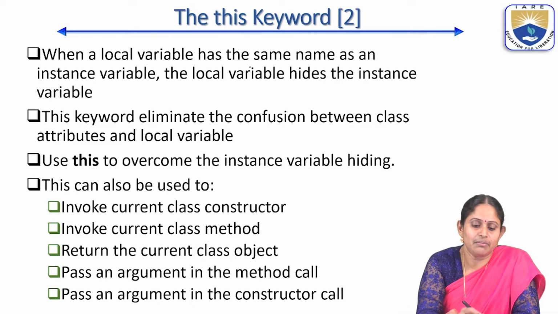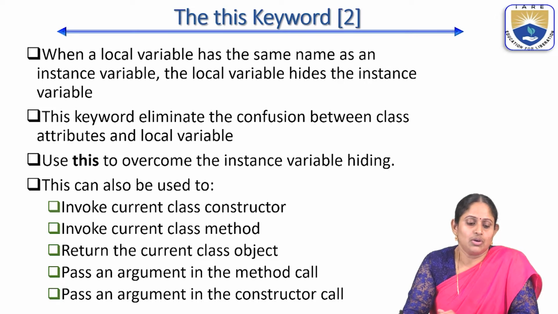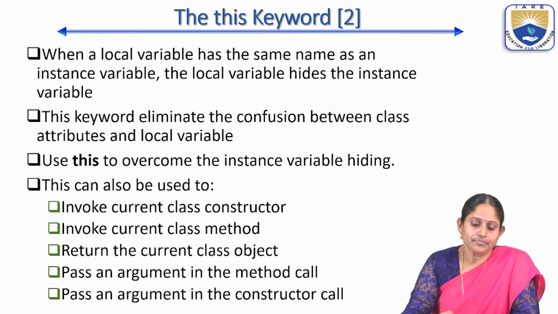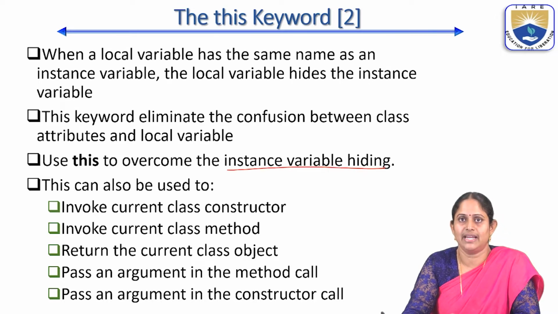When a local variable has the same name as the instance variable, the local variable hides the instance variable. So this keyword eliminates the confusion between the class attributes and the local variable. And also it overcomes the instance variable hiding.